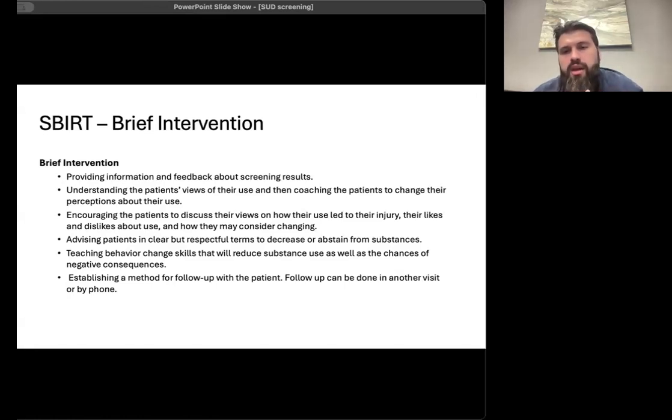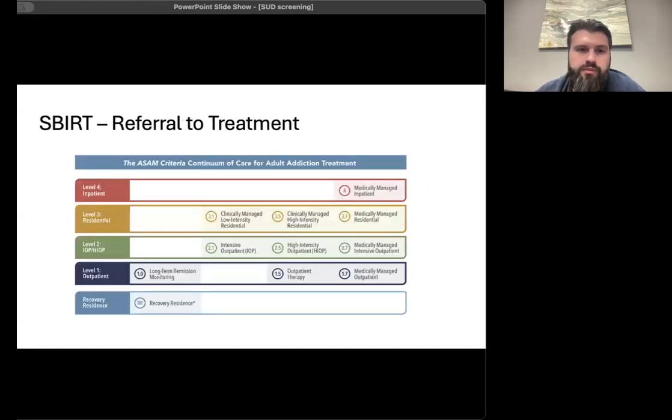What are we going to do? And whether that visit is done via phone or another visit, it's another encounter to make sure that you're following up on these interventions.